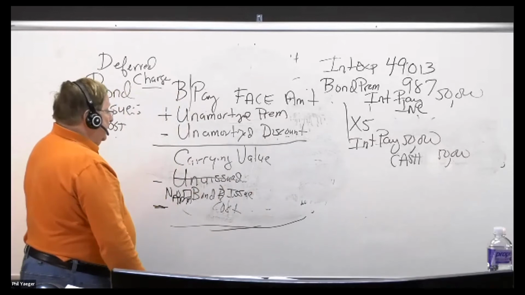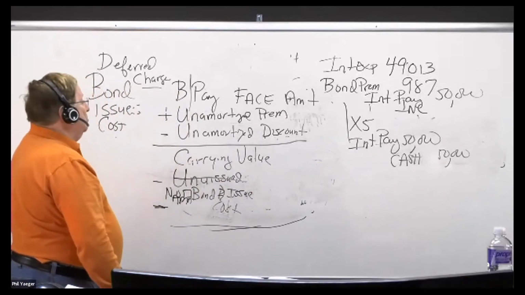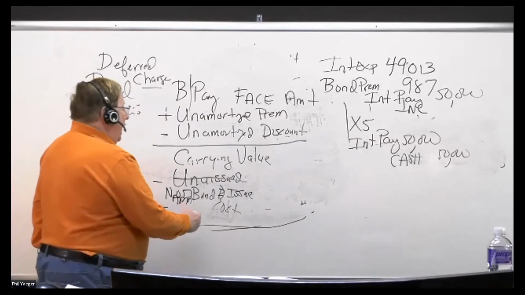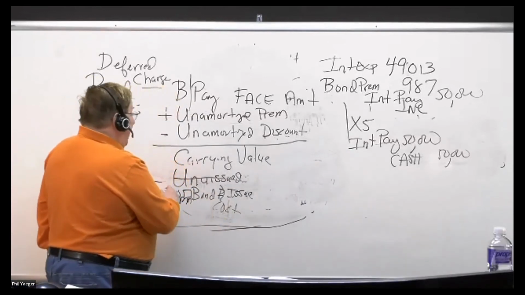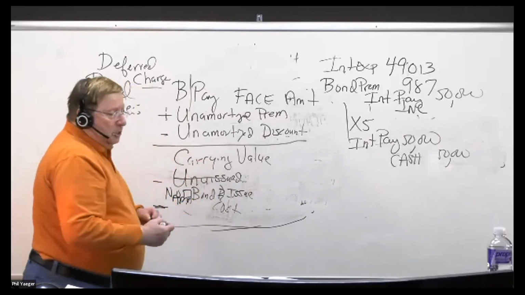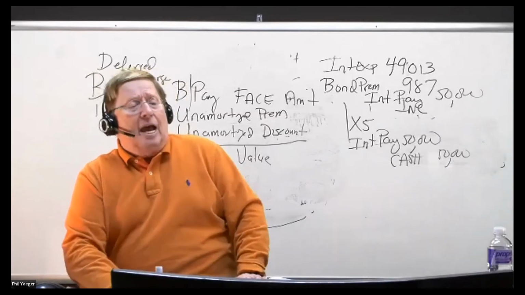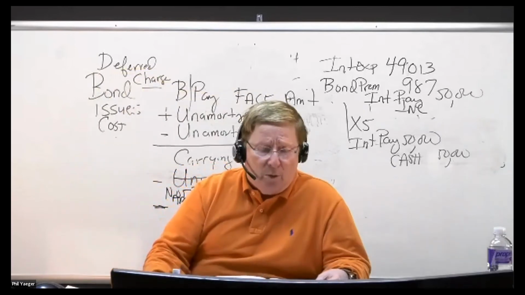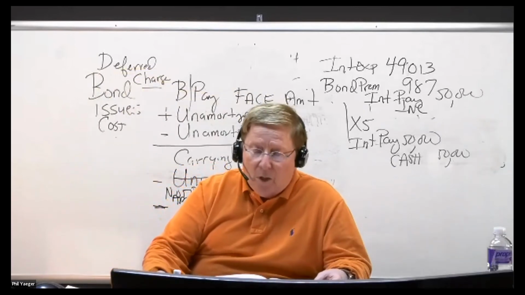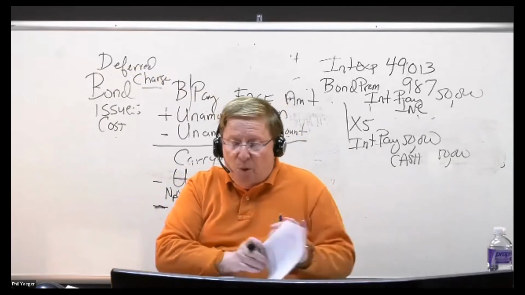What you'll do is debit bond issue cost expense and credit bond issue costs. The amount that's not amortized is a reduction of the carrying value. So actually, bond issue costs are no longer shown as an asset. They're now shown as a contra account to bonds payable. Does everyone understand that? Yes. That's important.